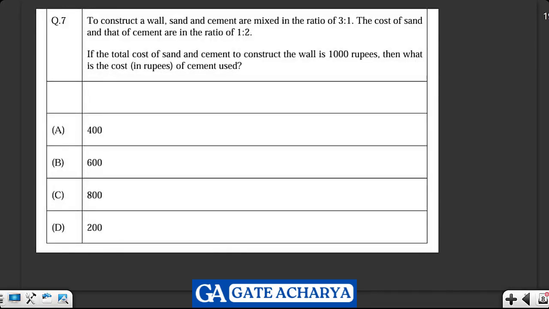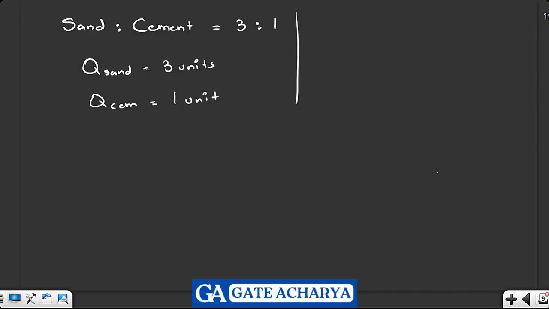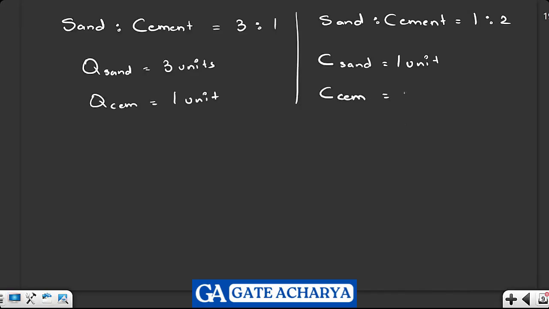The cost of sand and cement is 1:2. So this is the ratio of cost, okay? And they're saying it is 1:2. So I can say that cost of sand is 1 unit and cost of cement is 2 units.